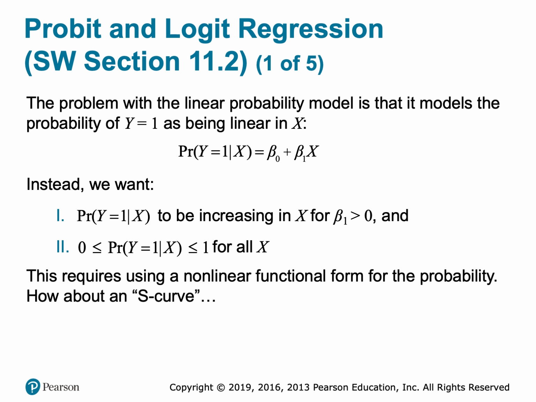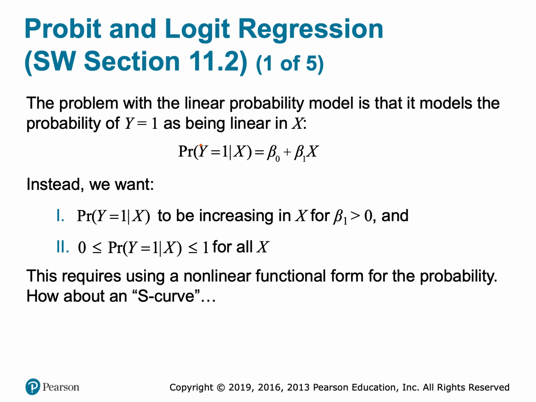In this video we are going to discuss probit and logit regression models that are a little bit better at predicting the probability that our binary variable equals 1. The problem with the linear probability model is that it models the probability of y equals 1 as being linear in x.